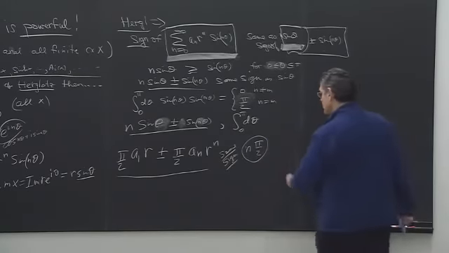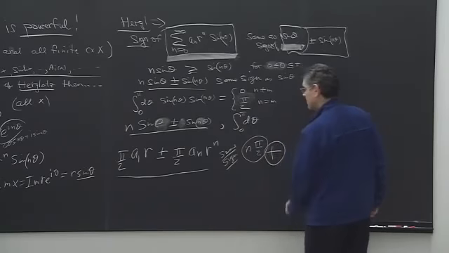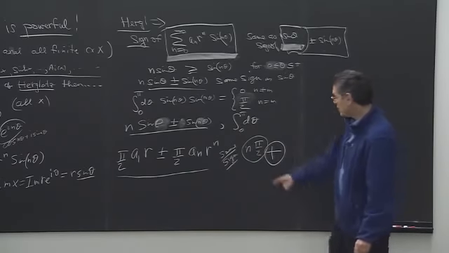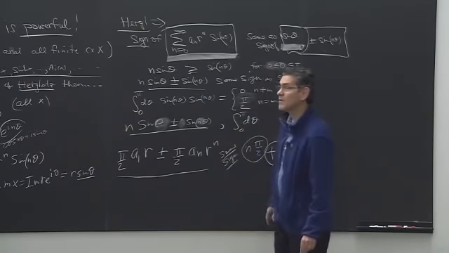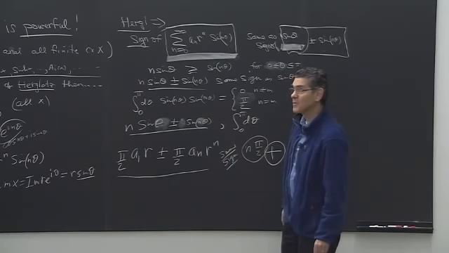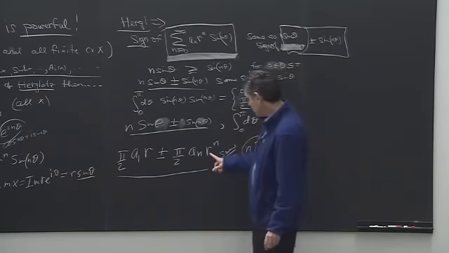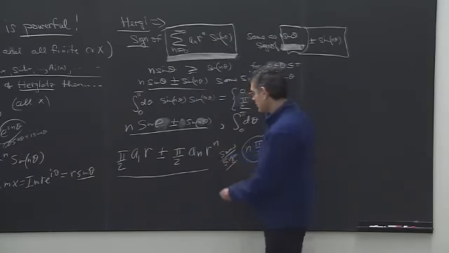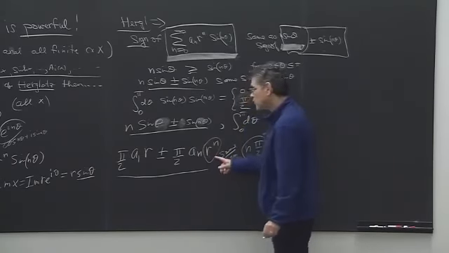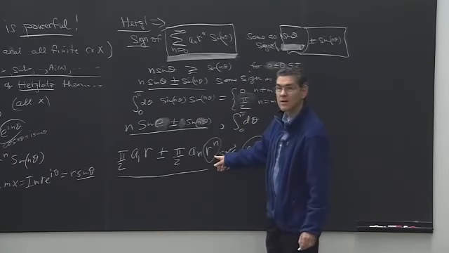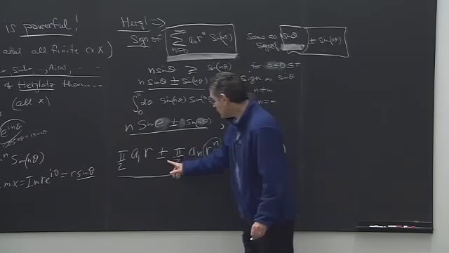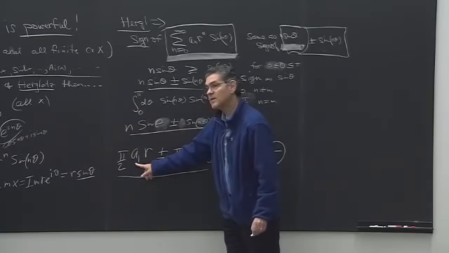Now, this guy is positive. That means this has to be positive. But this can't be true, right? Because if I go far enough away from the origin, I can take r so big that adding or subtracting this will change the sign of that. Does everybody see that?